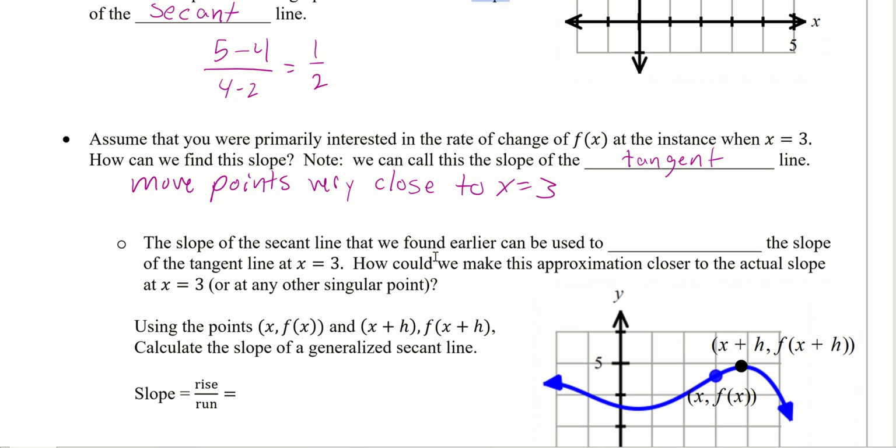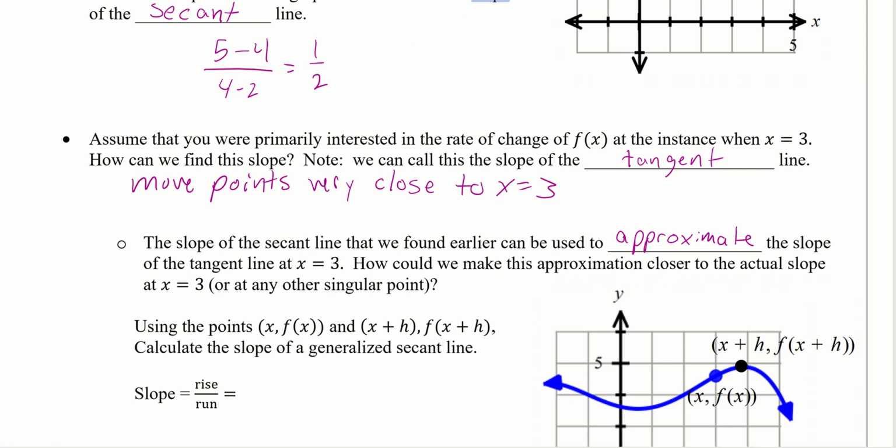Okay, so it says here the slope of the secant line that we found earlier, in that first part of it, can be used to approximate, or estimate, the slope of the tangent line at x equals 3. If you notice when we drew those lines, they looked pretty similar, right?